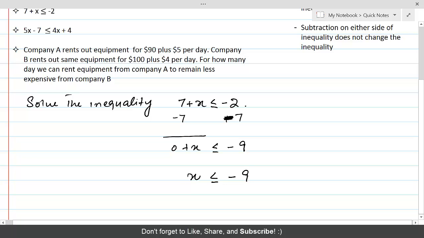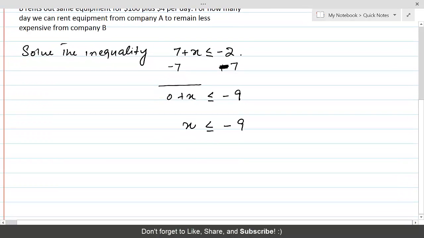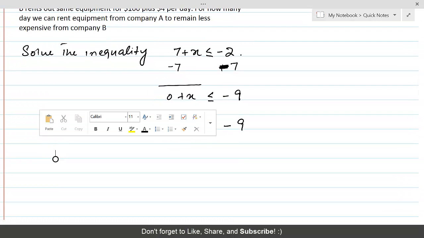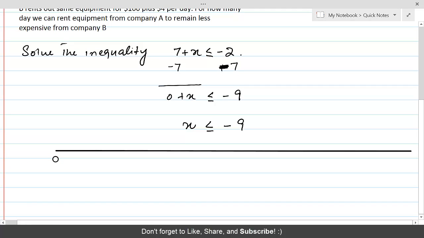In order to draw this solution on a number line, we can draw a number line here, and let's locate where minus 9 is. Let's say it's 0 here, minus 1 here, and similarly if we continue going leftward, we'll find minus 9 here somewhere. So that is our first step to graph the linear inequality on a number line: identify the reference value, which in this case is minus 9.